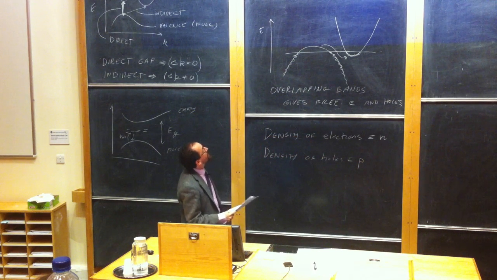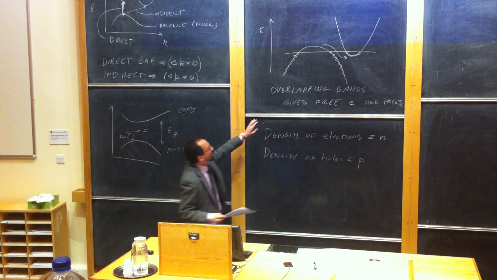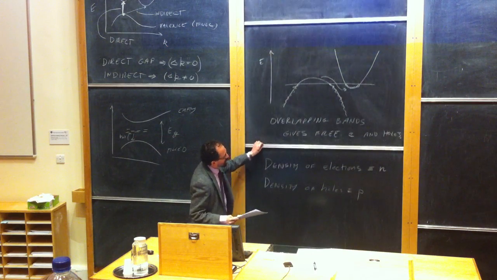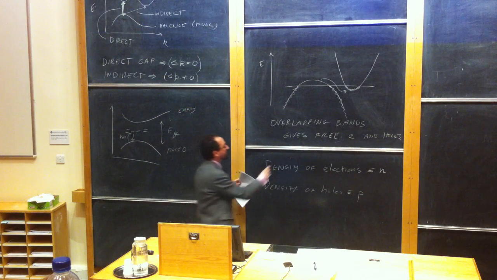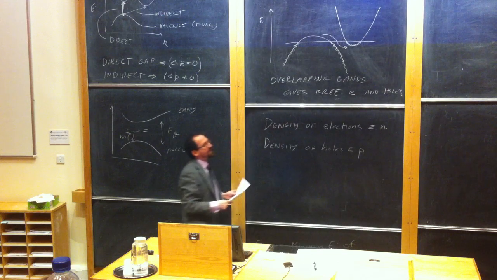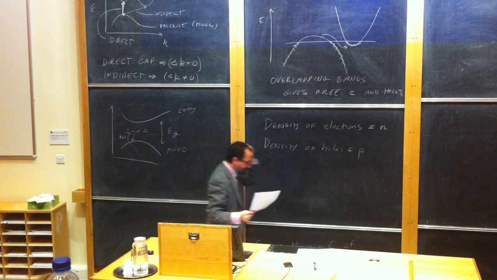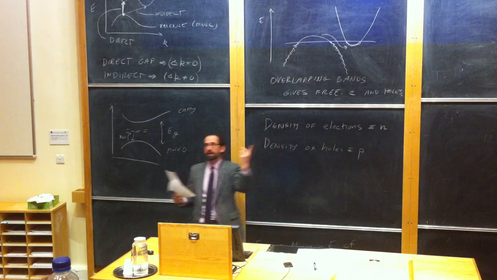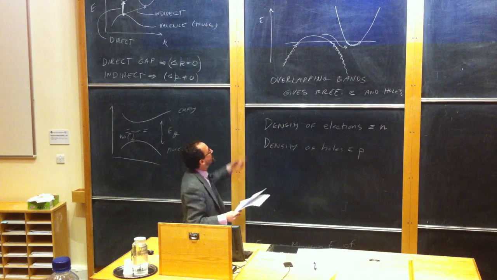Now you may notice that in these examples that I've shown here, the number of electrons and the number of holes is equal. If we started with a completely filled valence band and we excite an electron out of the valence band up to the conduction band, then each time we make an electron in the conduction band, we leave a hole behind in the valence band.